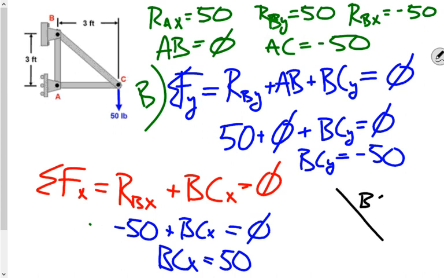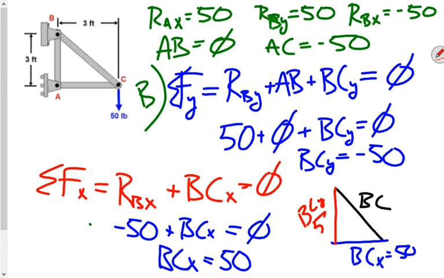BCX is 50, right? BCY is also 50. Do Pythagorean and solve for what the actual member force is.